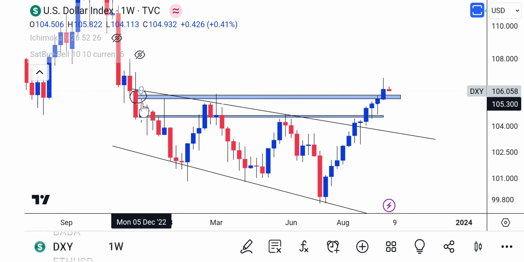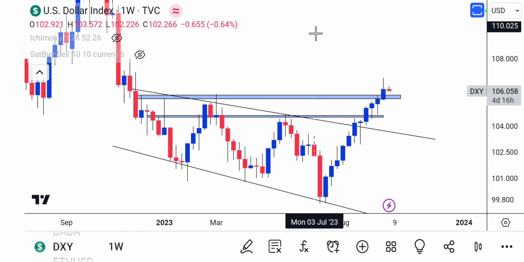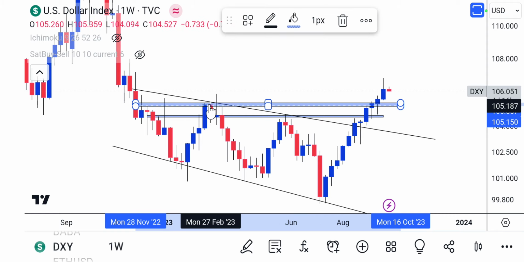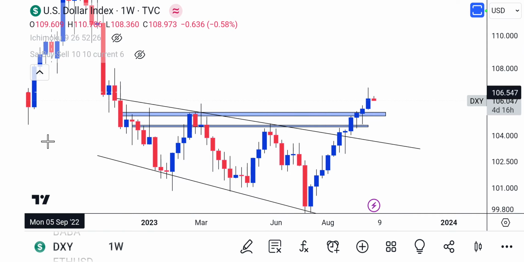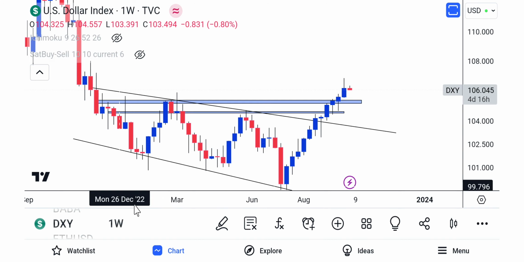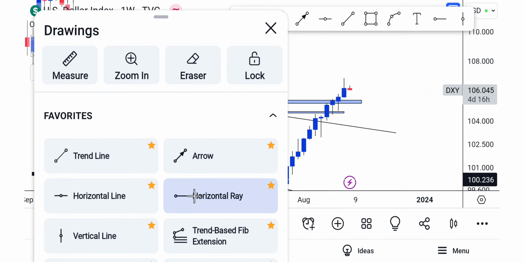So let me remove this and adjust my rectangle shape down to this level here. What we're looking at is the close of this, a bit of a struggle around here before it pushed higher, and this rough patched continuation to the downside.